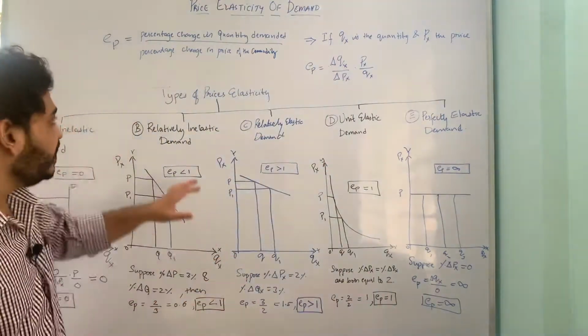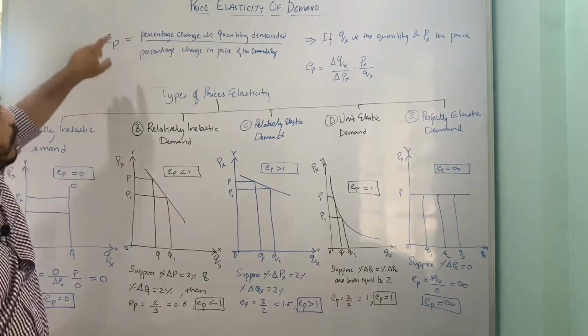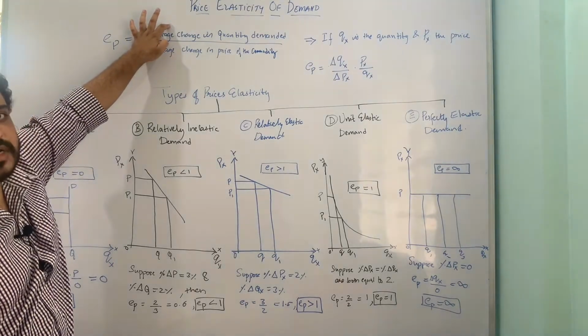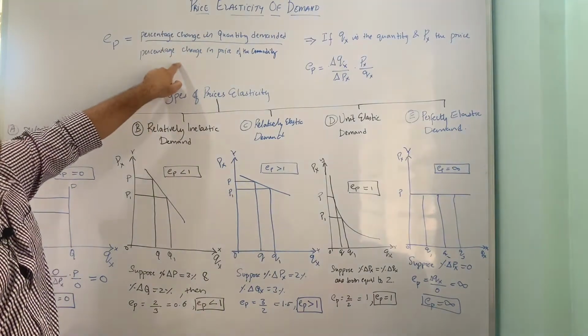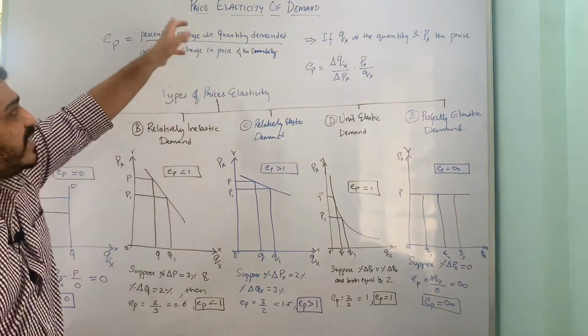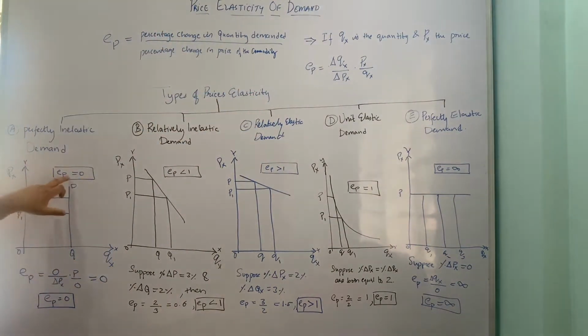Even if there is a change in price, the numerator of the ratio remains 0, so the entire ratio becomes 0. Therefore, price elasticity when perfectly inelastic demand exists is equal to 0. I hope the idea is pretty much clear.